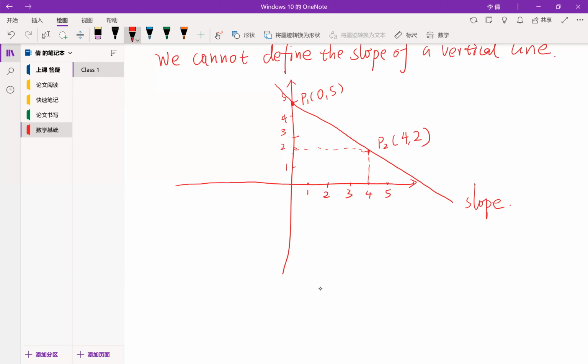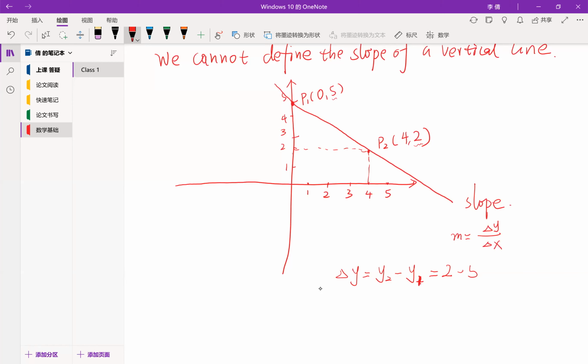The slope of this line m is equal to delta y over delta x, right? And delta y is equal to y sub 2 minus y sub 1, and y sub 2 is equal to 2, and y sub 1 is equal to 5.